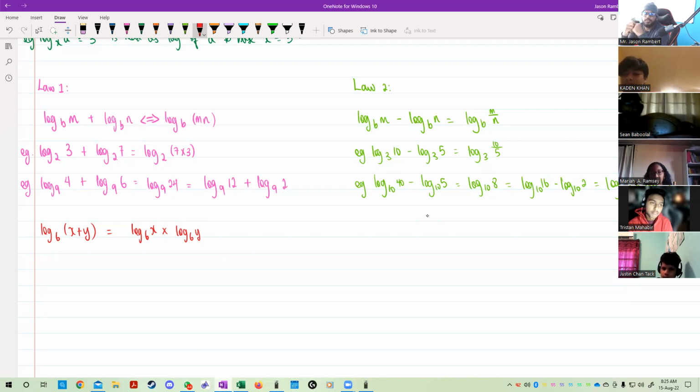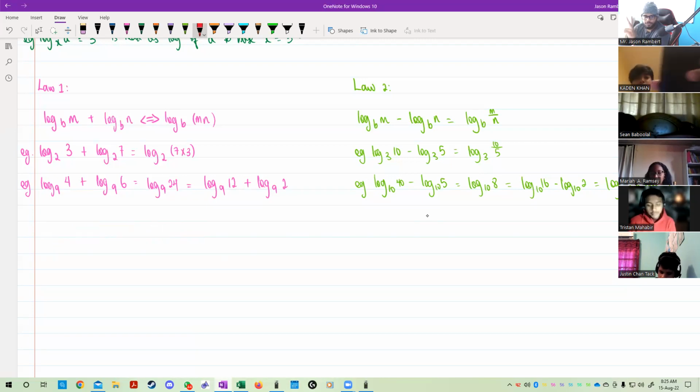I'll show you an easy way to remember law 1 and law 2. On a calculator, there are 2 log functions: log and ln. Those log functions on the calculator are set to a specific base already. Log is equal to log to base 10, and it's abbreviated as lg.